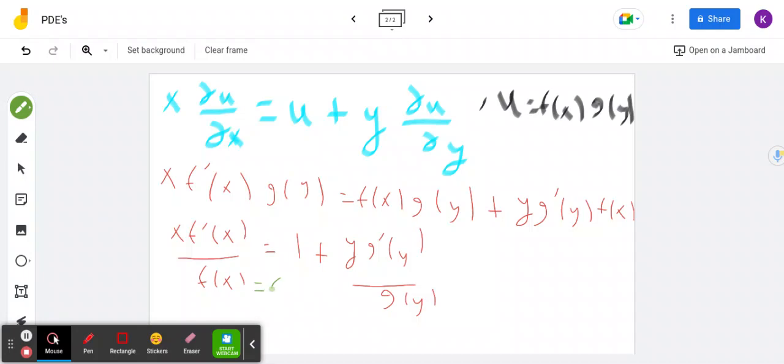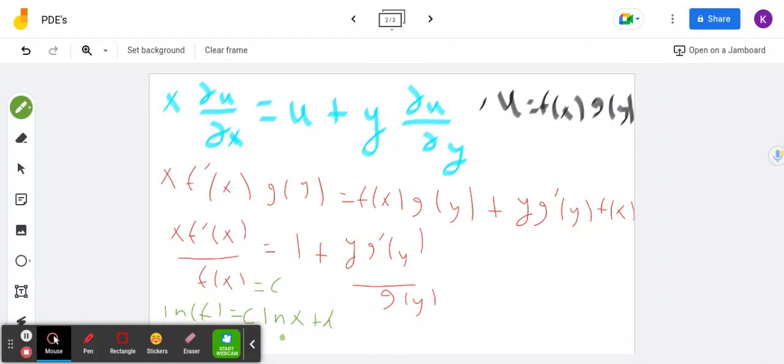And if we want to solve this, we can divide by x on both sides, and so if we integrate, this becomes natural log of f of x. So I'm going to write it as ln f for right now, is equal to c over x becomes c ln of x plus a constant, let's say k.